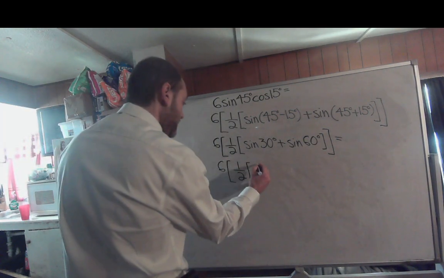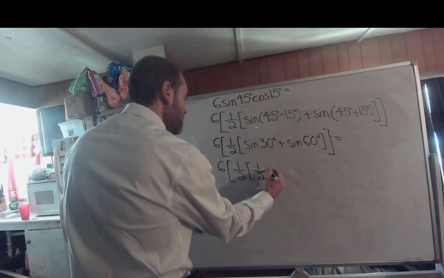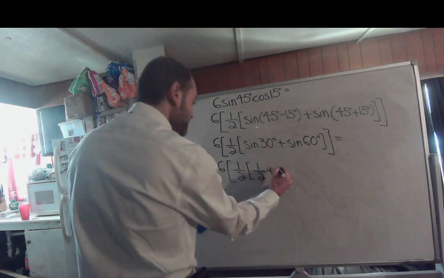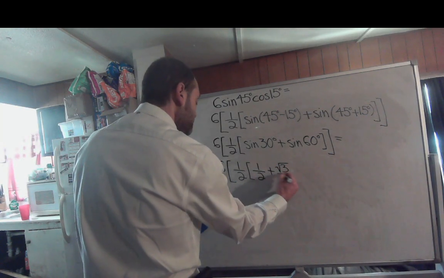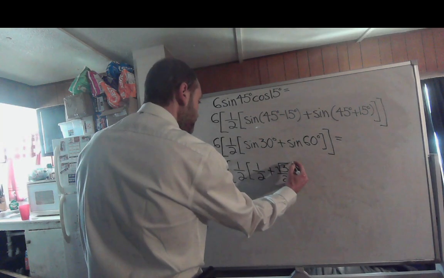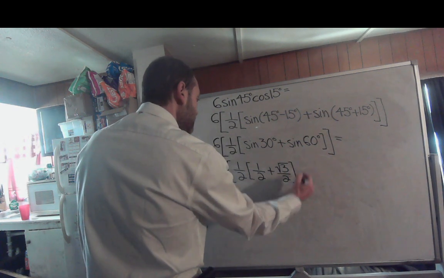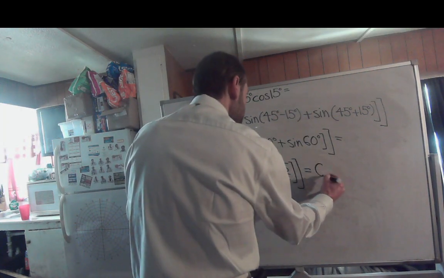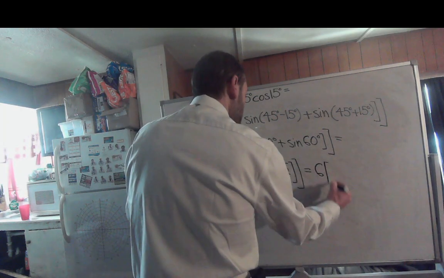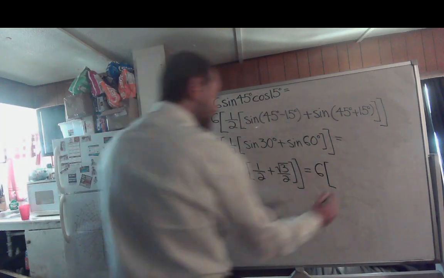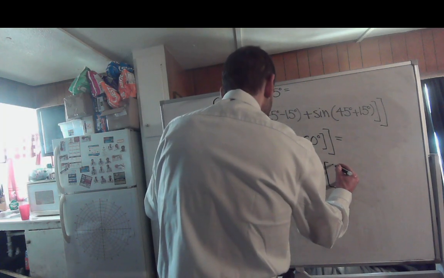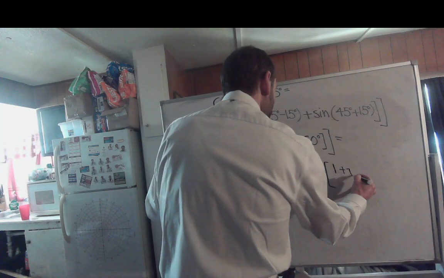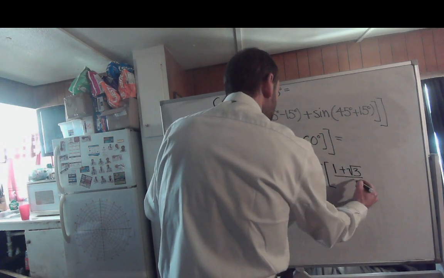Well, that's 1/2, plus the sine of 60, that's the square root of 3 over 2. So this would end up turning into 6 times the quantity of, if you distribute that 1/2, you should end up getting 1 plus the square root of 3 over 4.